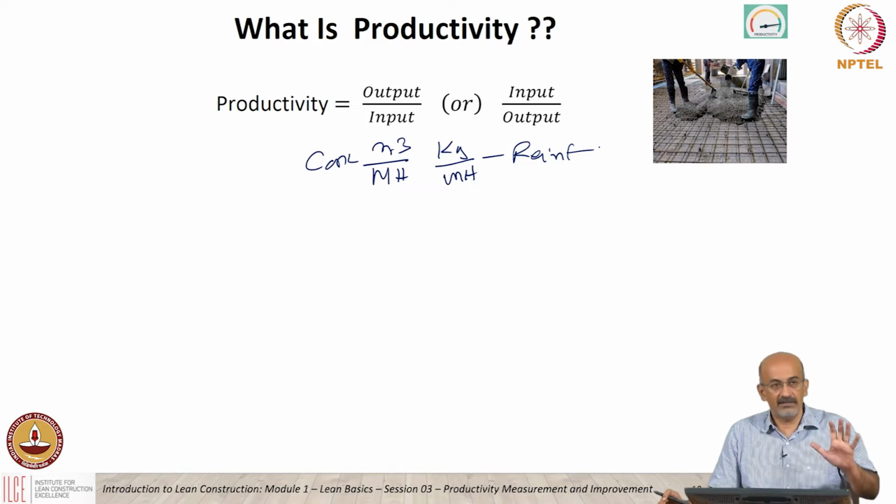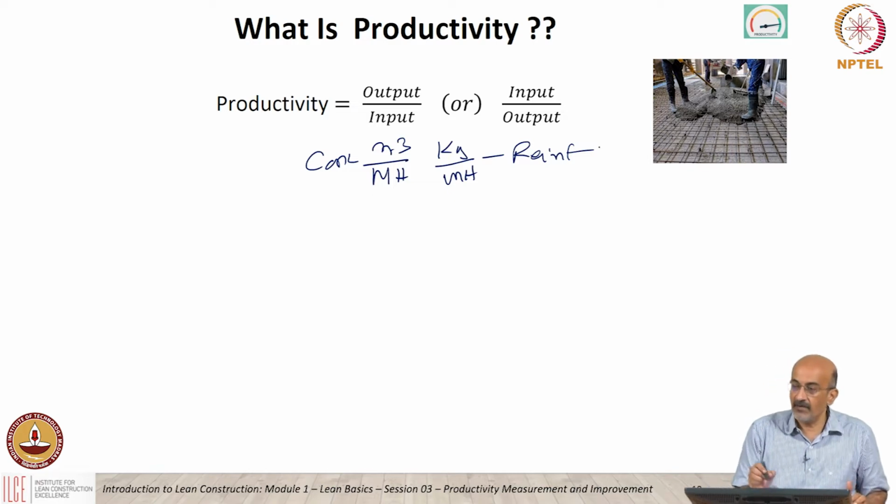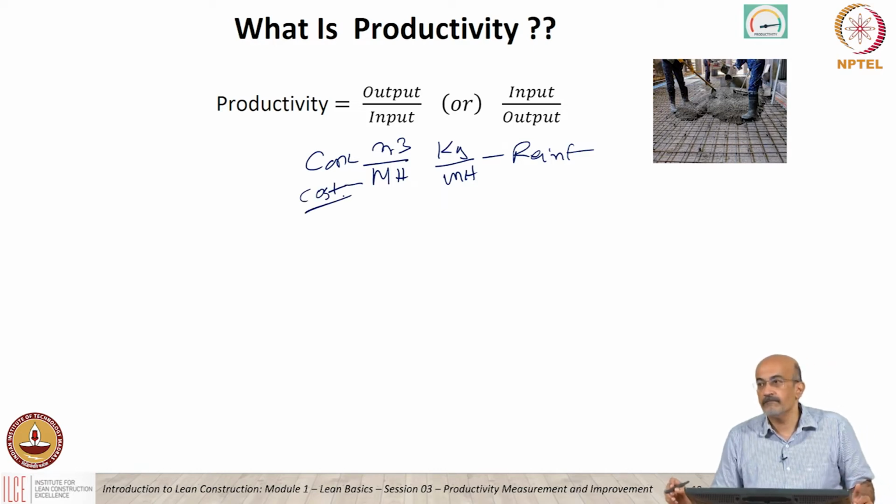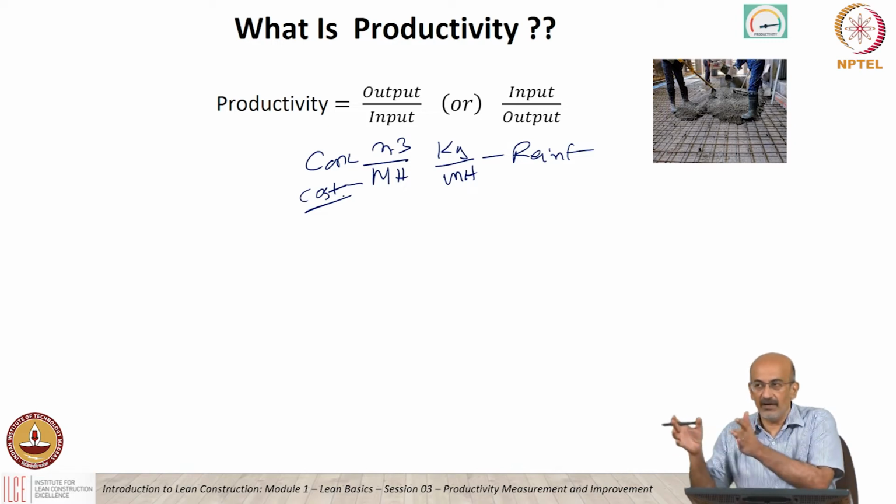So my output might still be the quantity, depending on how I'm choosing to measure. The input could be, instead of man hour, I could use cost, and what cost could I use? Material cost as well as man hours. Yeah, I could use my labor cost, or I could use my total cost, not just material, labor, material, all of the cost together, everything together.